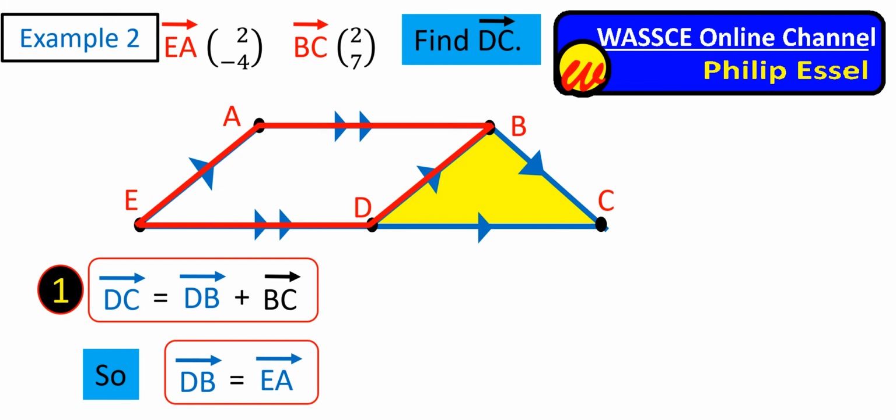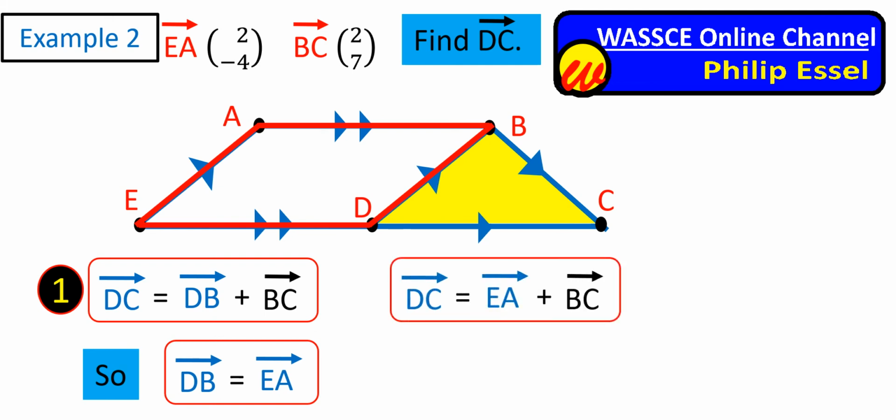We are going to replace the vector DB by its equivalent vector, which is EA. Nothing would happen to the equation. So let's quickly do that. Our new equation, which will replace the first equation, will be the vector DC equals the vector EA, remember, EA is the same as DB, plus the vector BC.